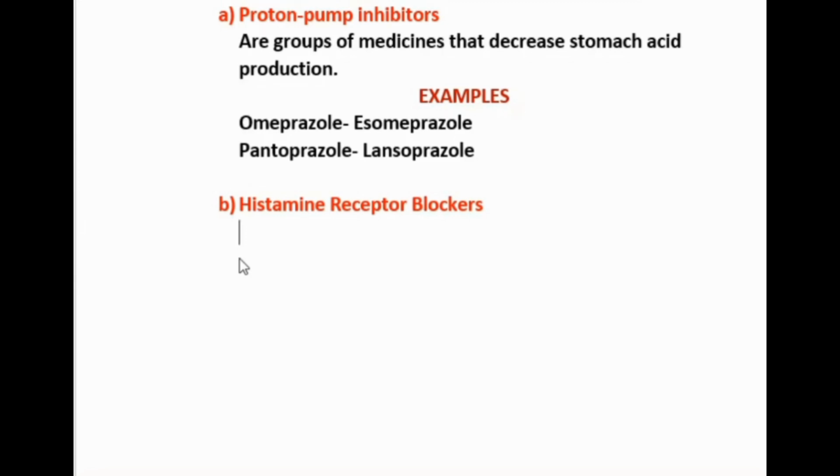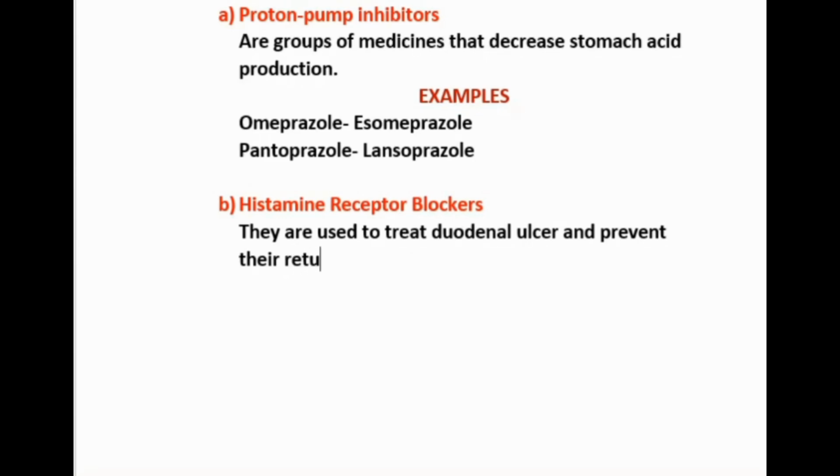So what are histamine receptor blockers? They are used to treat duodenal ulcer and prevent their return.